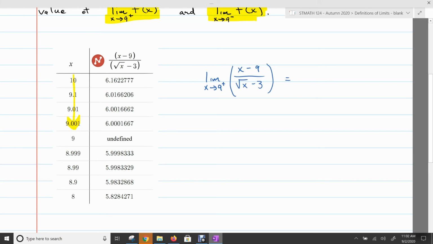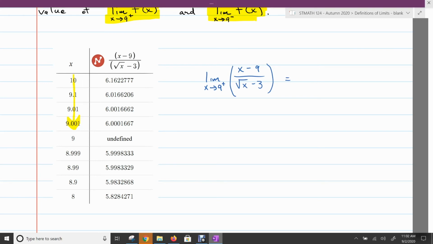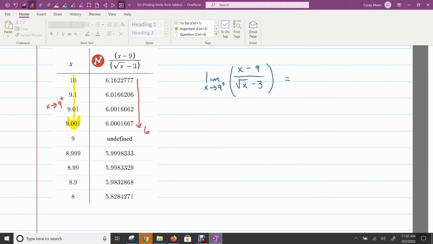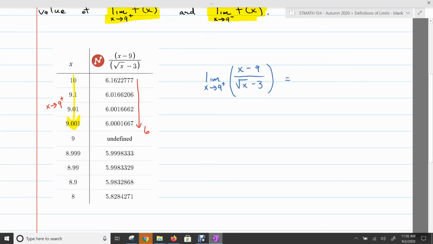And I can see the progression of the y values on the right-hand side of the table, and those values appear to be getting close to 6. So it looks to me like the right-sided limit is equal to about 6.